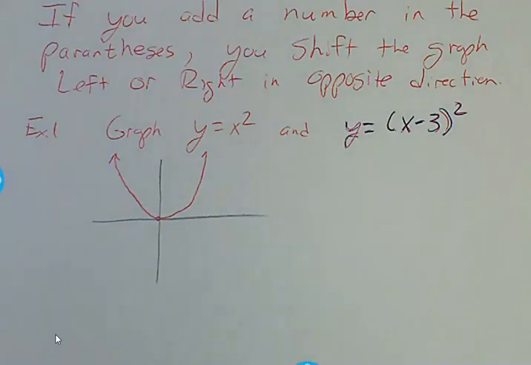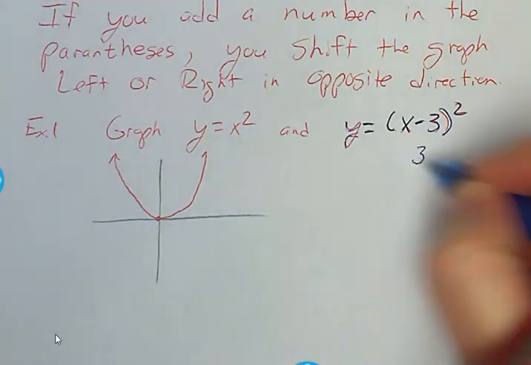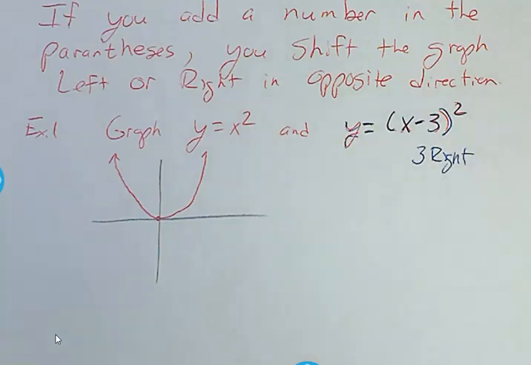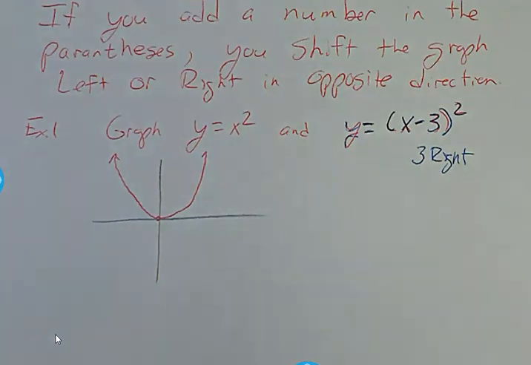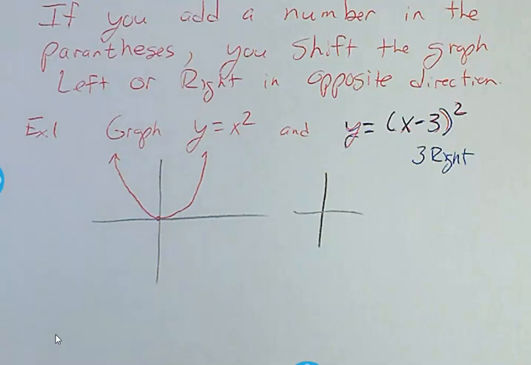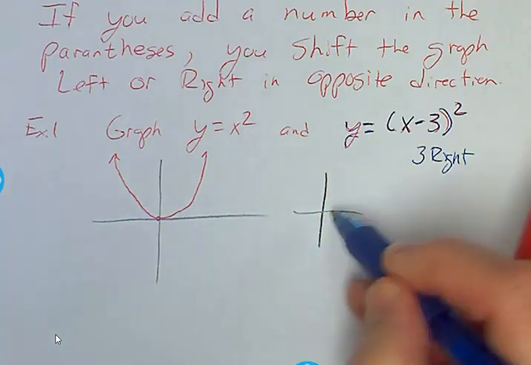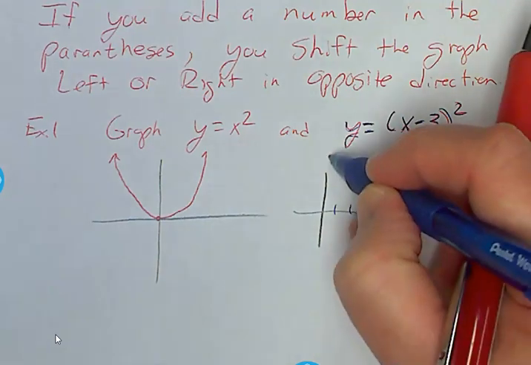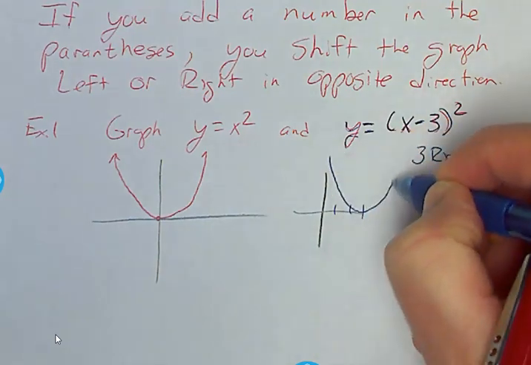This 3 on the inside means you're going to move it 3 spaces, not to the left, but to the right. So that's y equals x squared. If we graph y equals (x minus 3) squared, instead of starting at 0, 0, we're going to move it over 1, 2, 3 spaces, and then make it a U-shaped graph. So it looks something like that.